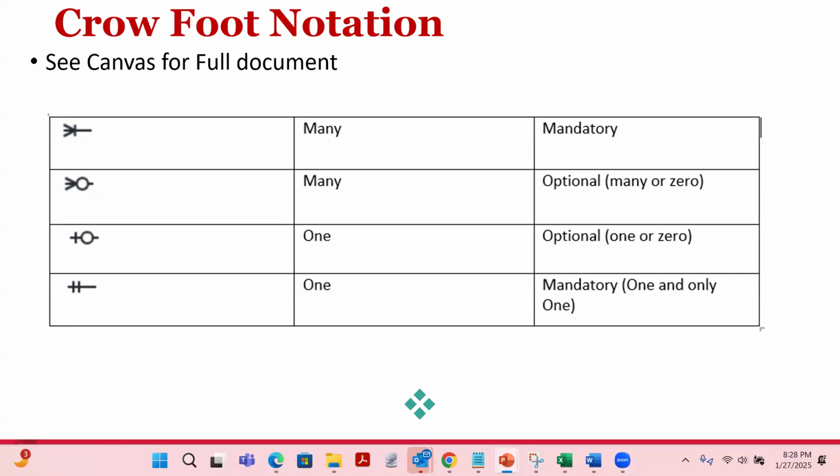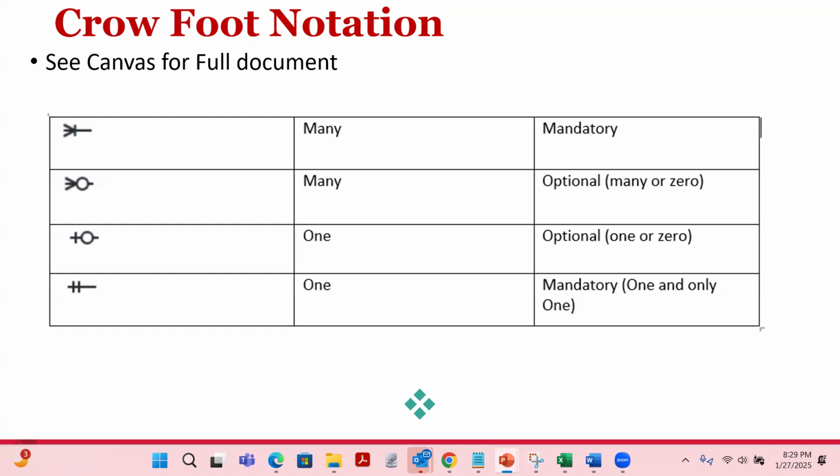You have a crow's foot and one little vertical line. That means that the relationship is required, or mandatory, and it's many. Then the next one has a crow's foot and an empty circle. That means that the relationship is optional, so it can be many or zero.